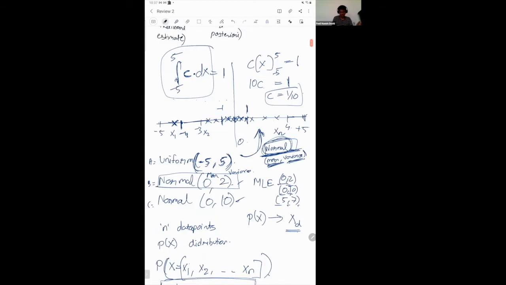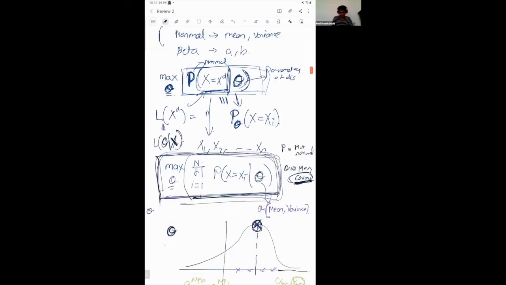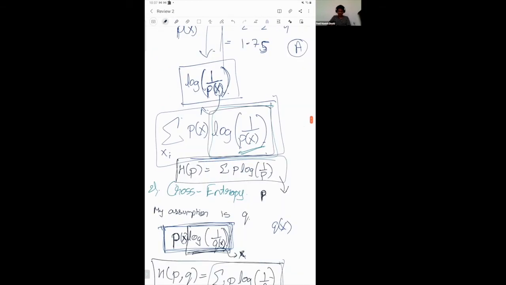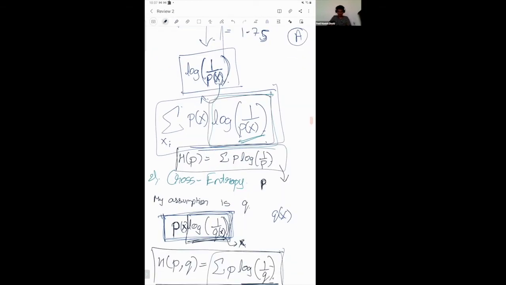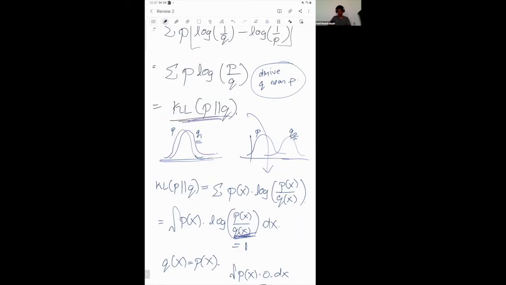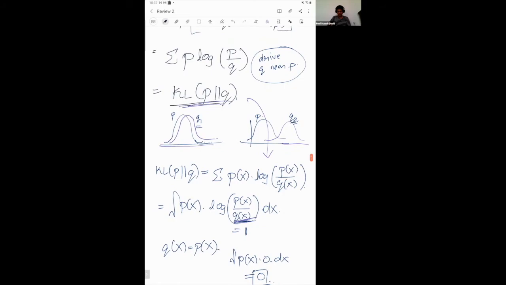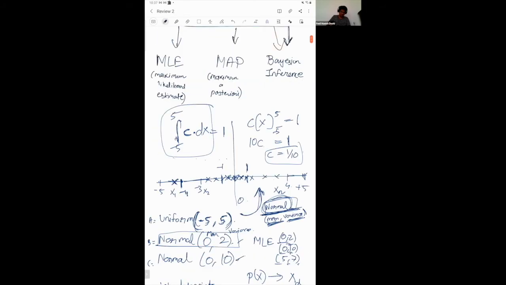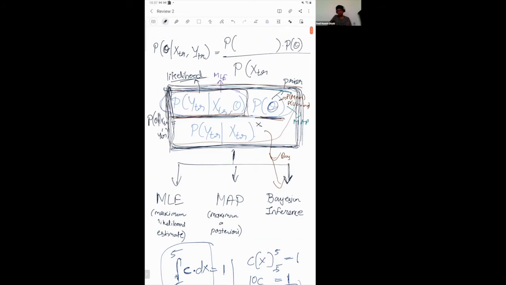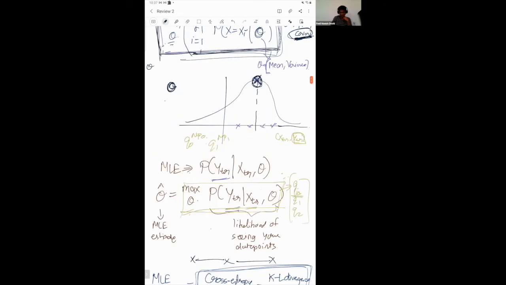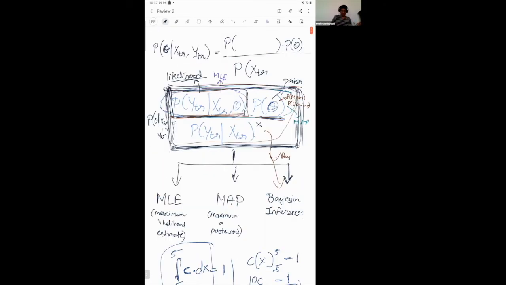In all of these, we didn't assume anything about our parameters theta, we didn't assume any prior distribution on that. In most cases, you might have some information about that prior distribution, and you would want to take that into account.